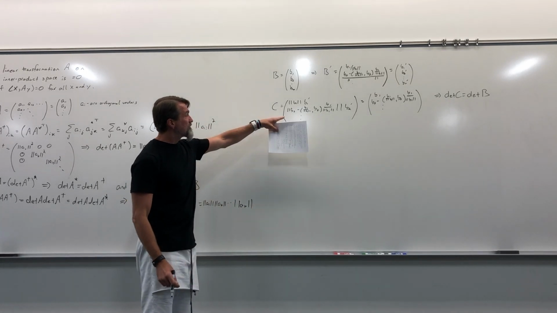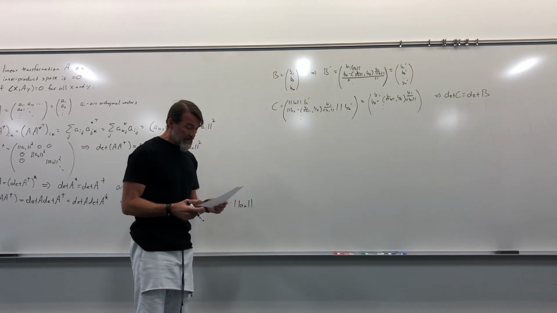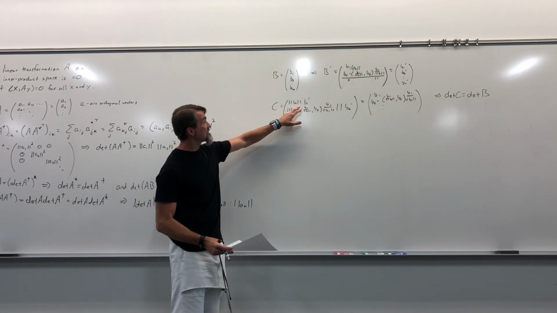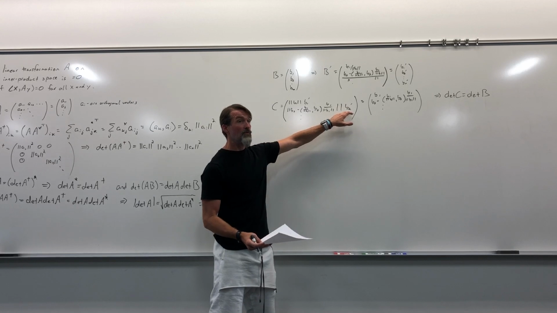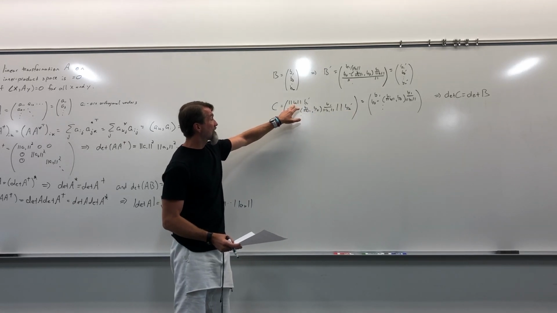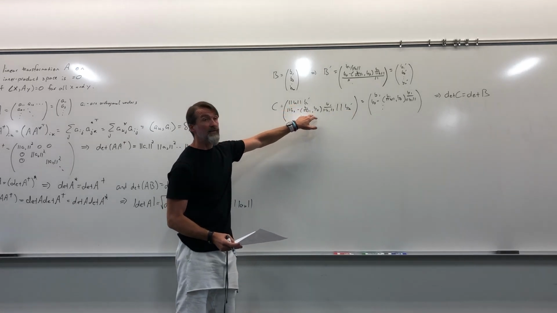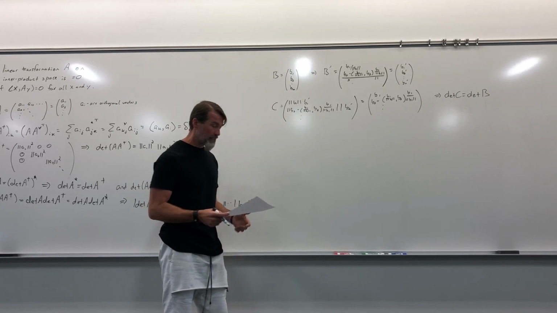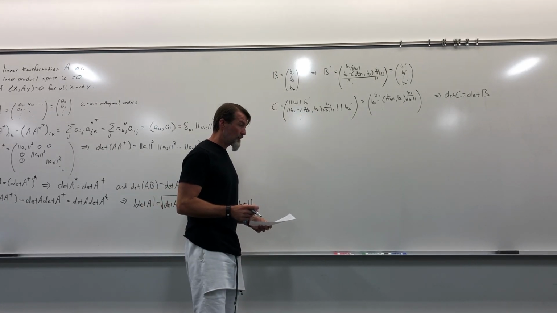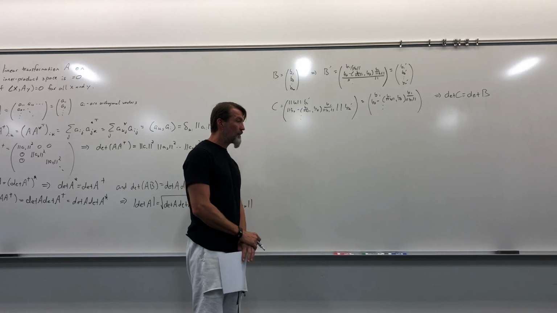Now, C is composed of orthonormal vectors times a bunch of scalar multiples. The primes are orthonormal, and all I'm doing for the construction of C is multiplying them by these scalars. Well, wait a minute.